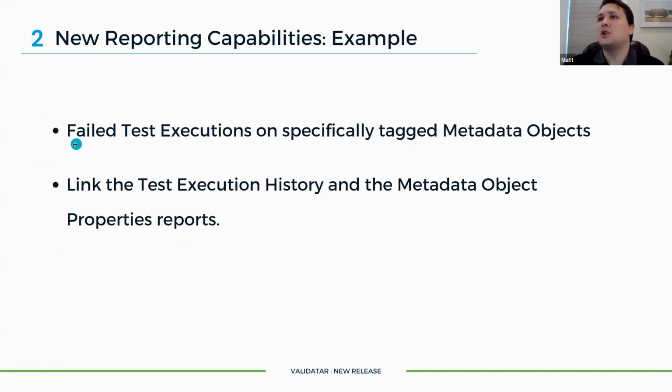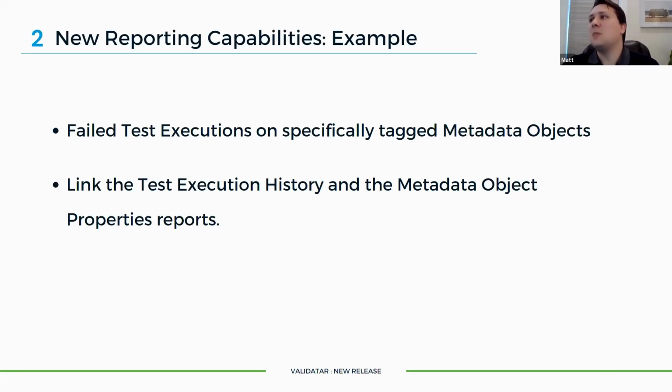So how does that work? The example I'm going to show is the concept of, hey, I want to show all of my failed test executions, but only for objects where I have been tagged as the data steward. So it's not tests that failed in a particular job. It's not tests in a project or in a particular folder, but instead tests associated with metadata, which traditionally in our reports was a separate report, right?